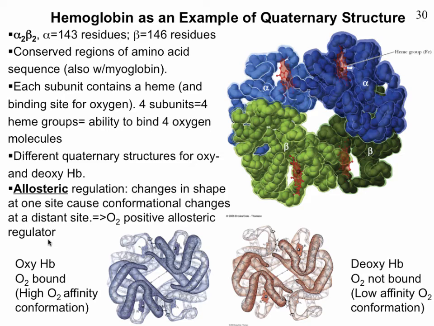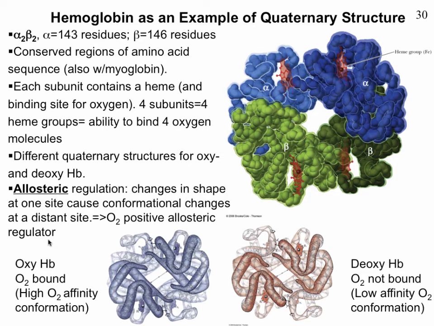They're very similar to each other in terms of the amino acid sequences. So the alpha subunits are very similar to the beta subunits, even though they are different. There are regions of conservation and homology as well as identity and similarity. It also has conservation with myoglobin, so they're very similar in sequence to each other as well as to the sequence of myoglobin.